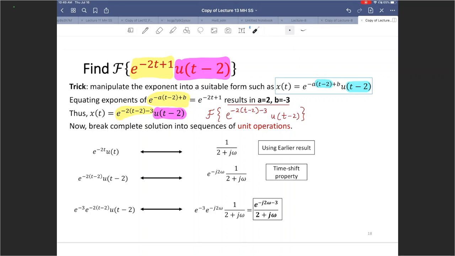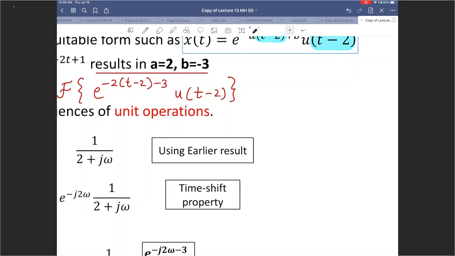So now consider unit operations. Let us start with what we already know. That's an earlier result. We did this in the previous lecture. We didn't have 2, we had e to the minus alpha t earlier. So let me just review that result. We said the Fourier transform of e to the minus alpha t u of t is 1 divided by alpha plus j omega, when the real part of alpha is greater than 0.